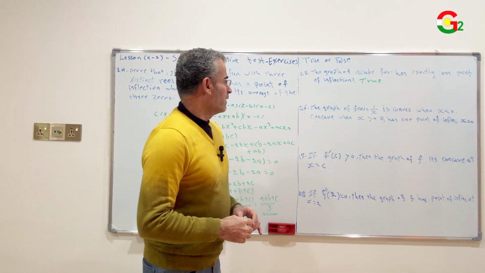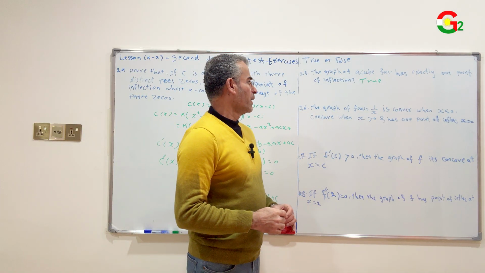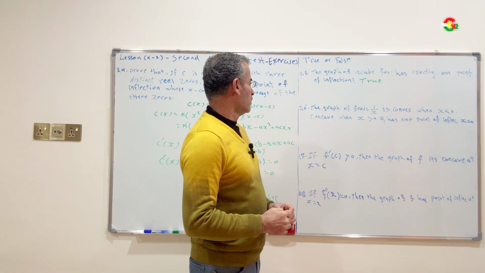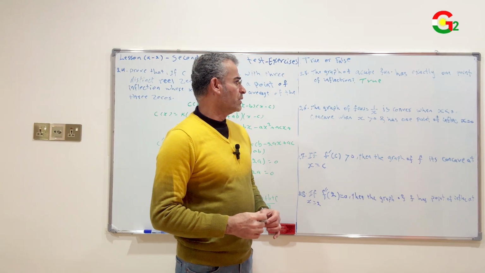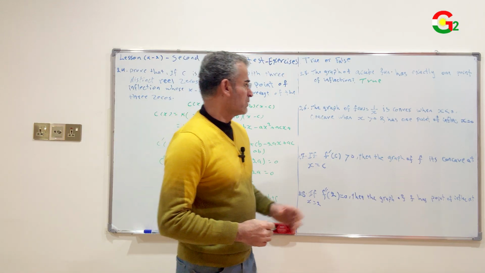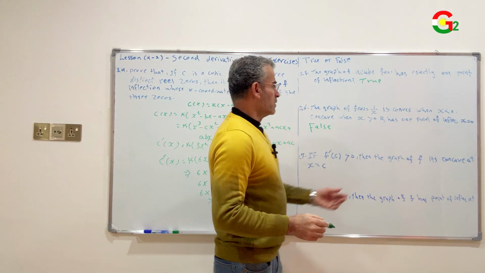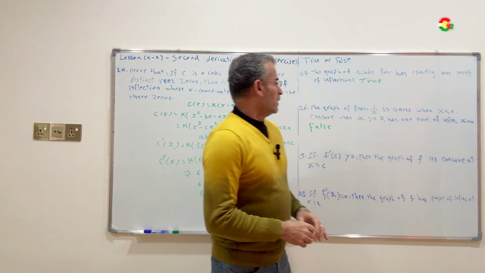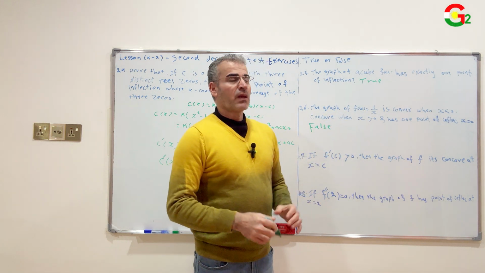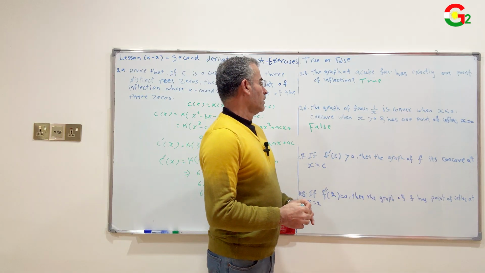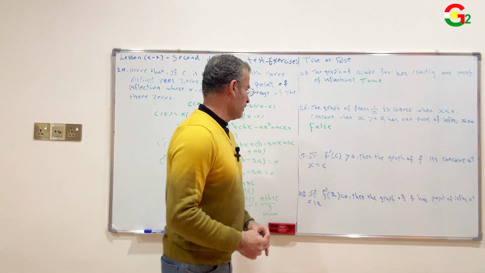The graph of f of x equals 1 over x is convex when x is less than 0, concave when x is greater than 0, and has one point of inflection at x equals 0. This statement is false because x equals 0 is not in the domain of the function, and it is not an inflection point for this function.